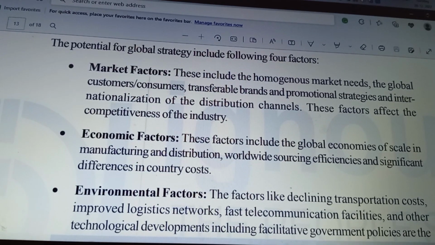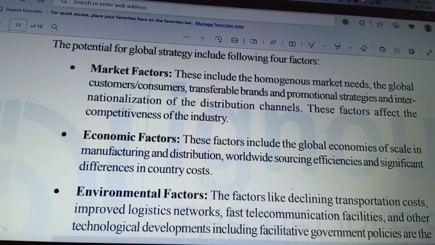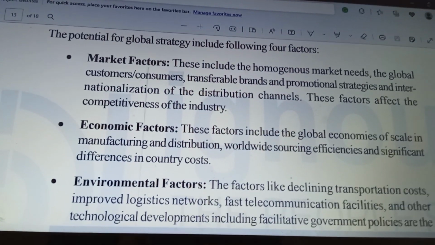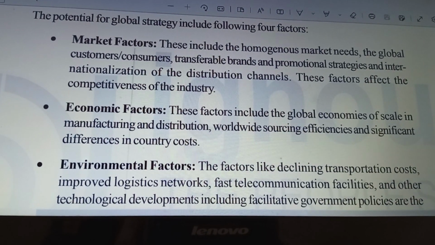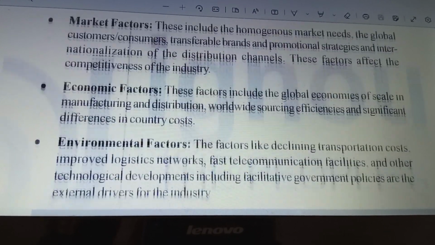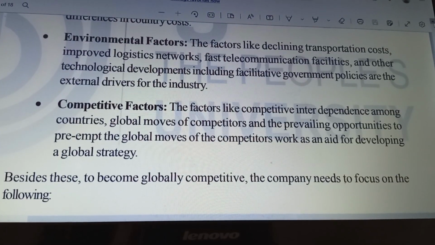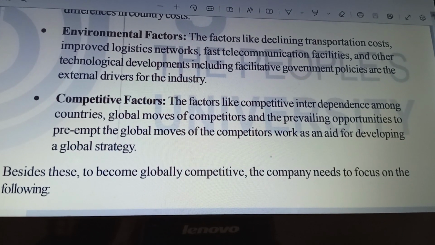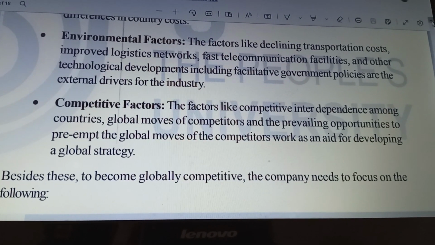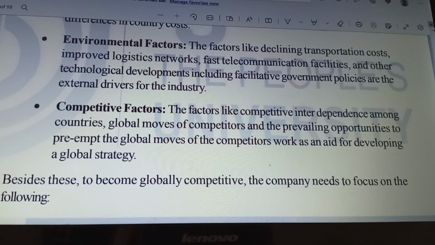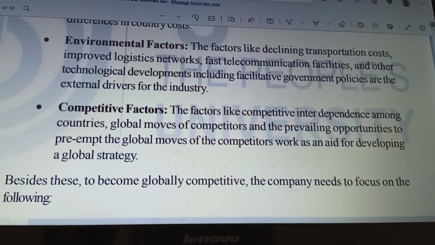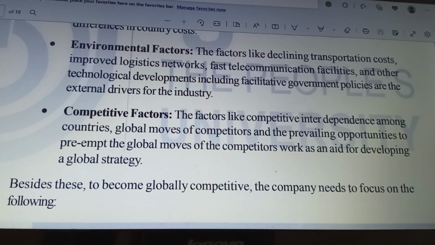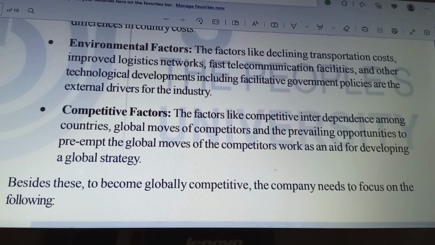Economic factor. These factors include the global economies of scale in manufacturing and distribution, worldwide sourcing efficiencies, and significant differences in country cost. Environmental factors. The factors like declining transportation cost, improved logistic networks, fast telecommunication facilities, and other technological developments, including facilitative government policies, are the external drivers for the industry.